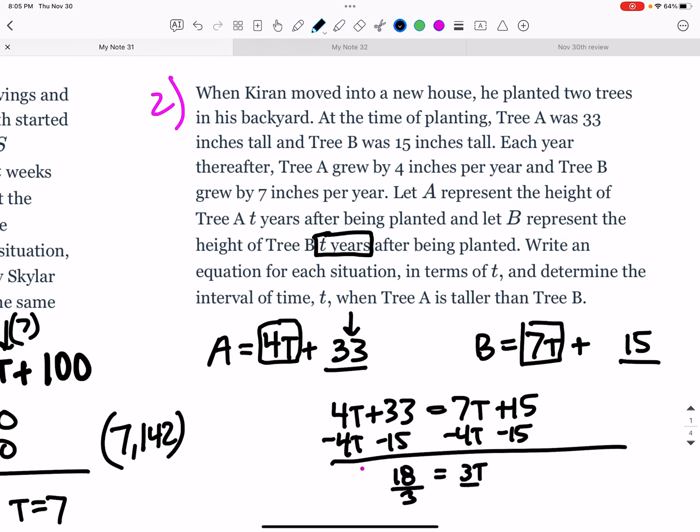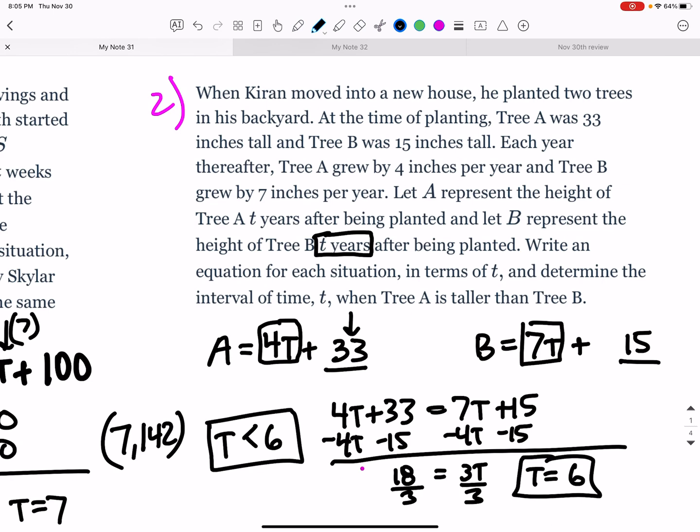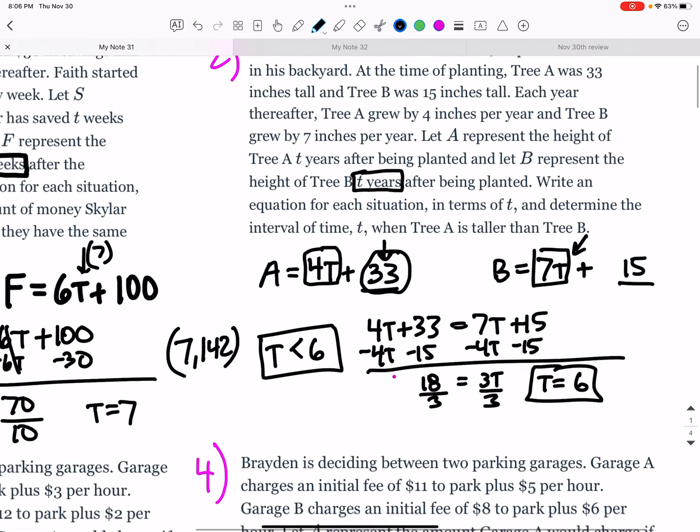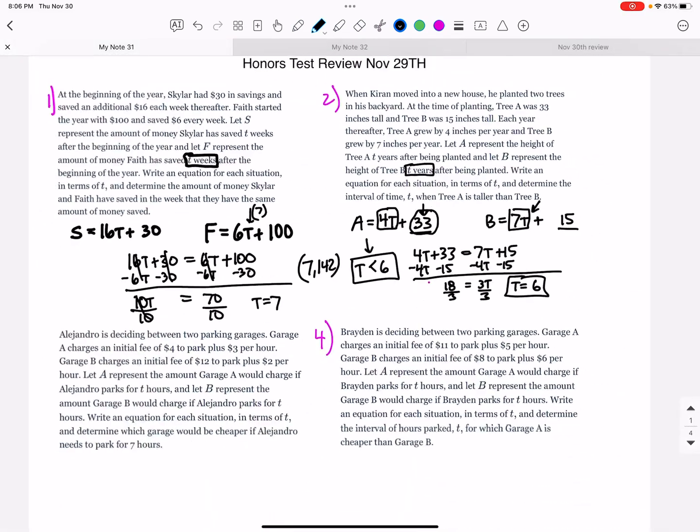Divide by 3, so T equals 6. As long as T is less than 6 years, A is taller, because of where it started. After 6 years, the 7 inches a year is going to overtake. So from now until 6 years, when time is less than 6 years.